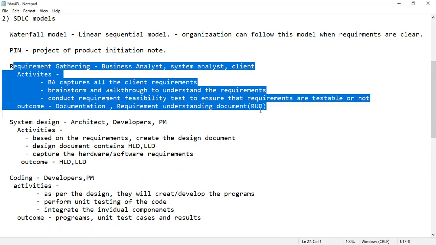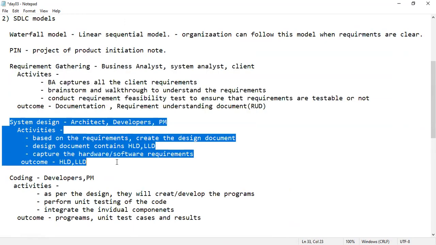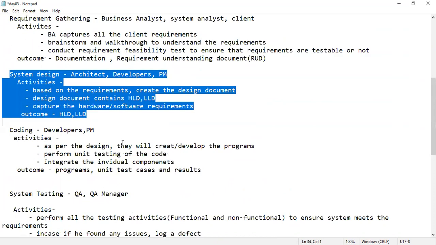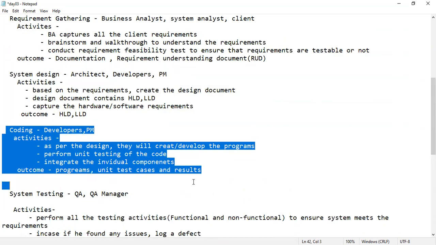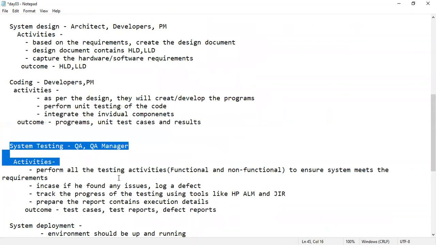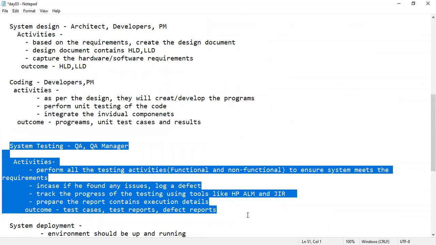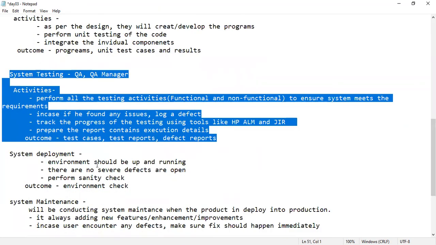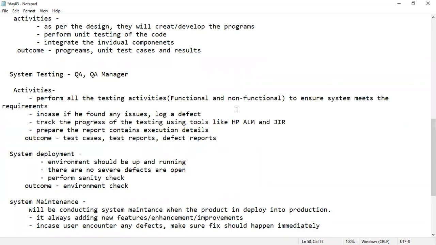For requirement gathering you spend 2 months. For system design you spend 3 months, 5 months completed. For coding you spend 3 months, 5 plus 3 is 8. For testing you spend 2 months, that means 10 months. So you can see the outcome only after 10 months, which is almost the end of the project.